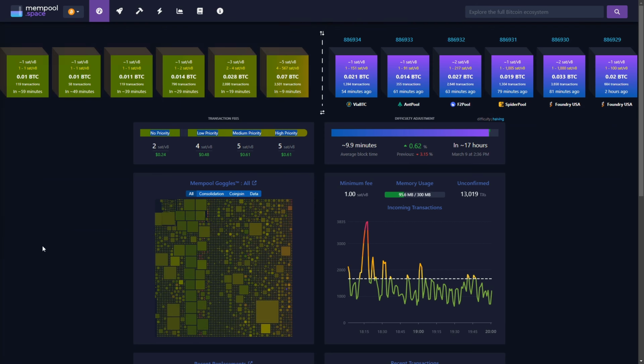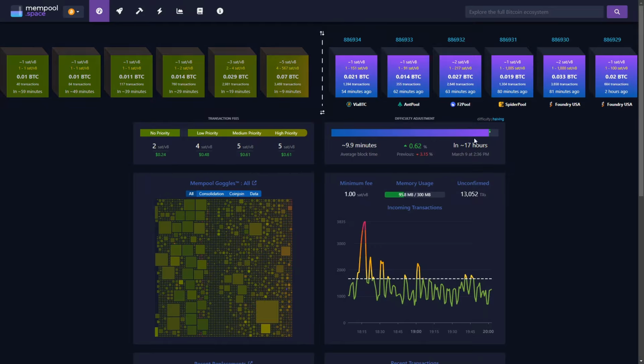Anyway, this brings us back to the main page. The next block has still not confirmed after 54 minutes. This is definitely reaching a very long amount of time. It's likely that when the next block is confirmed, you will see 3 or 4 blocks confirmed within the next 10 minutes.